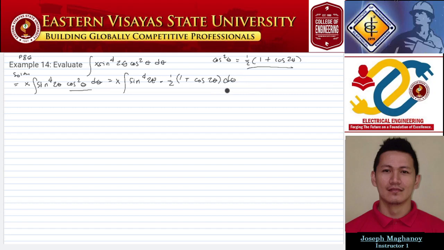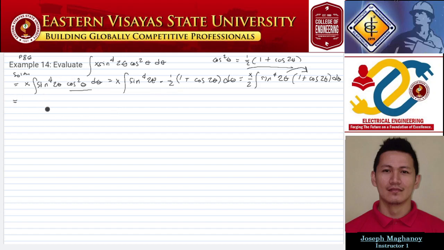Okay, next, so we have a real number constant 1/2. We can carry this out and combine these two functions. This 1/2, we can carry this out. So the x times 1/2, that is x over 2 integral of, so you're going to combine sine raised to 4 of 2 theta and 1 plus cosine 2 theta. So we combine this one.